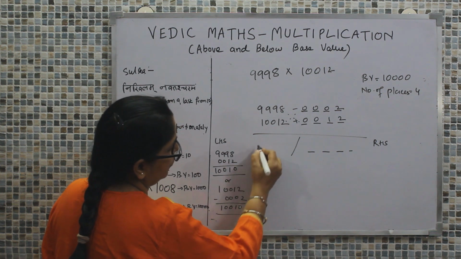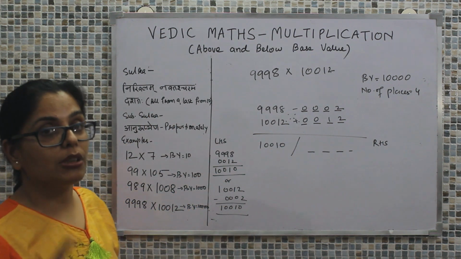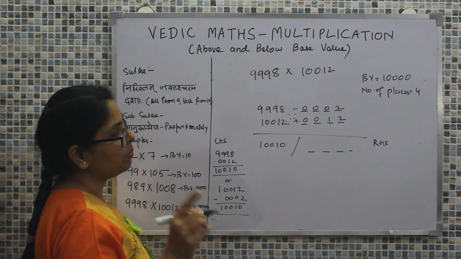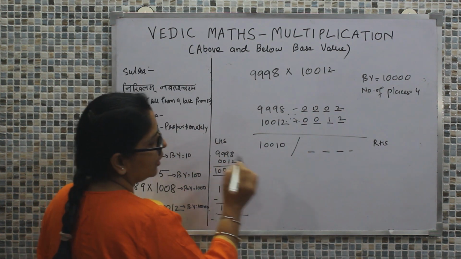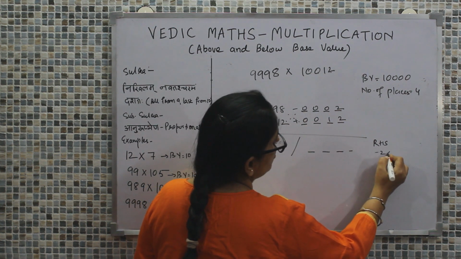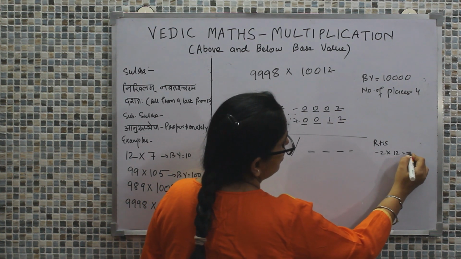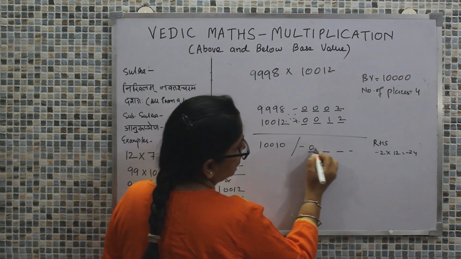So either way we get the same answer. And if we are not getting the same answer, it means there is some difference or some problem in identifying these particular values. So we are done with the LHS. Now come to the RHS. So that will be minus 2 into 12. That is minus 24.